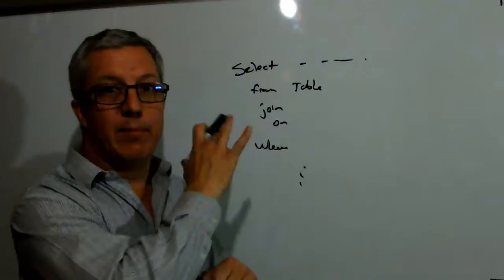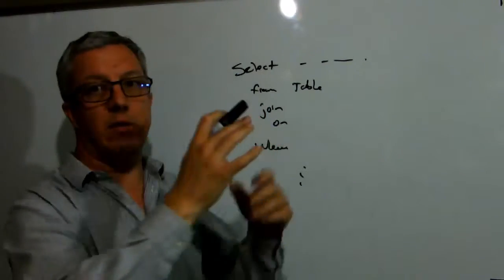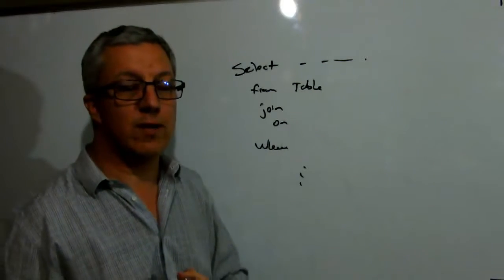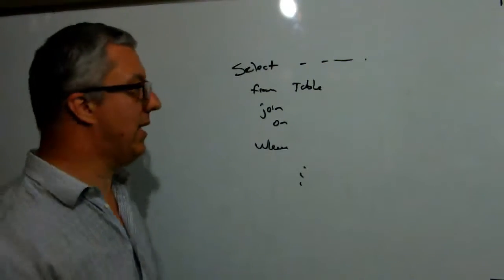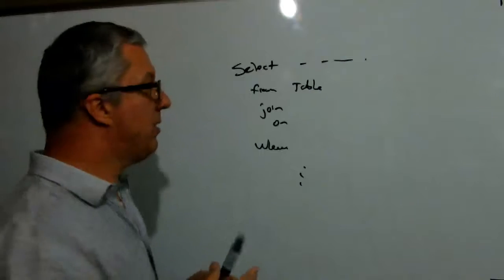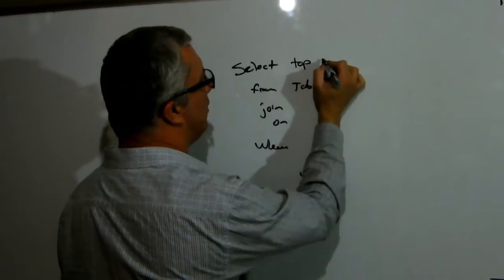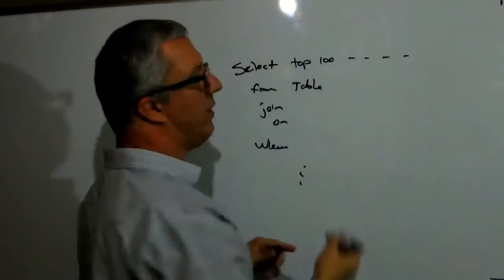So we need to limit the SQL to only show a limited amount of records. Now there's a couple of ways of doing that. The easiest and simplest way is to say, I want to return the top 100 records.